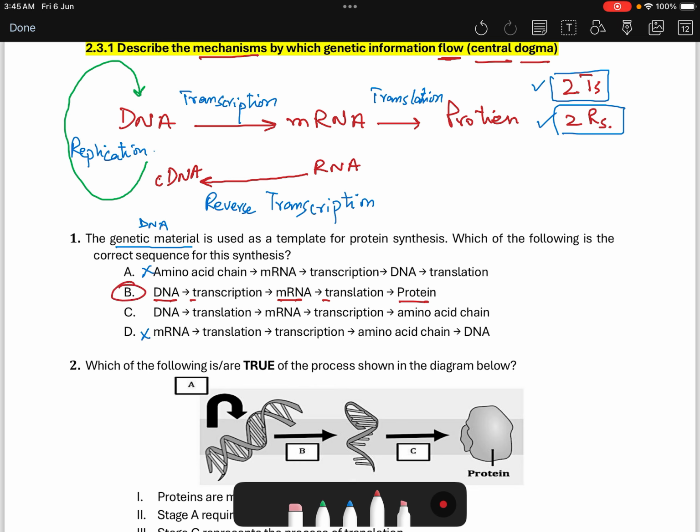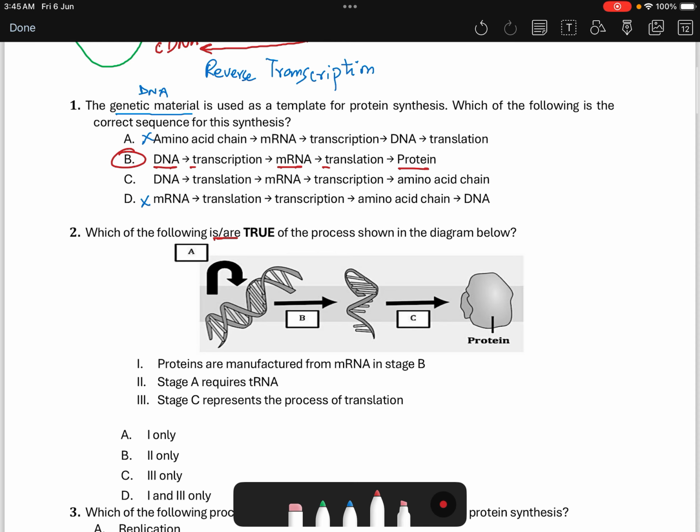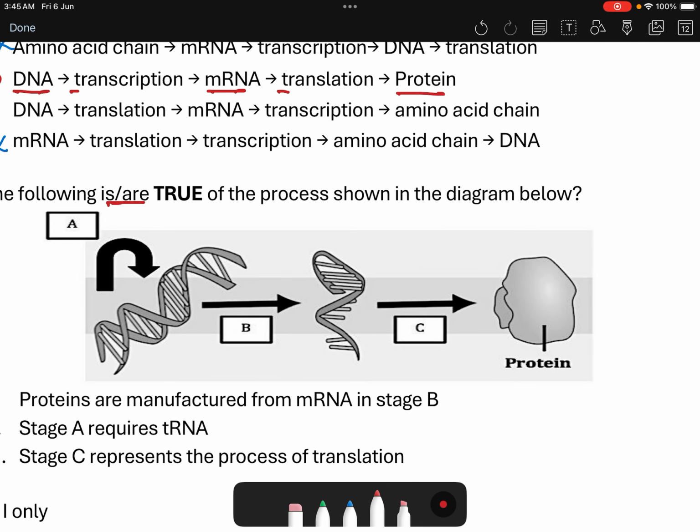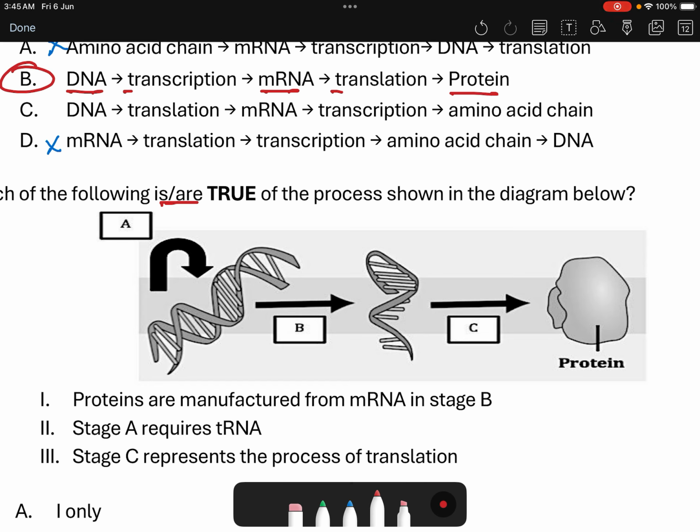Which of the following is true for the process shown in the diagram below? It can be one answer or more than one answer. The process that you see in the diagram below is the same central dogma of life. So the best way to answer such questions is to label them quickly, even though labeling doesn't have marks.